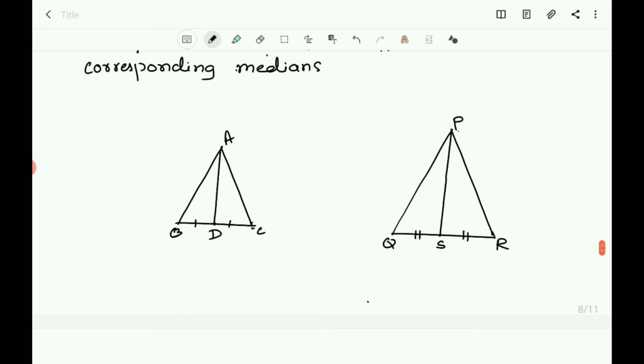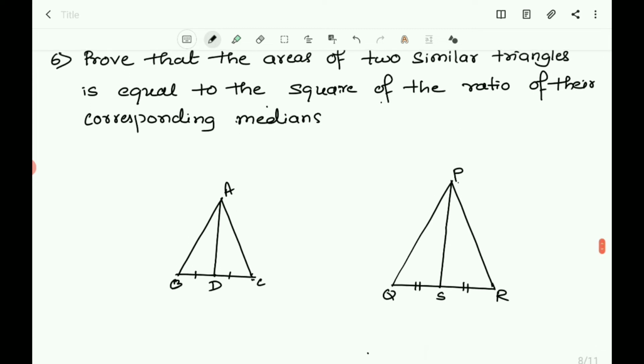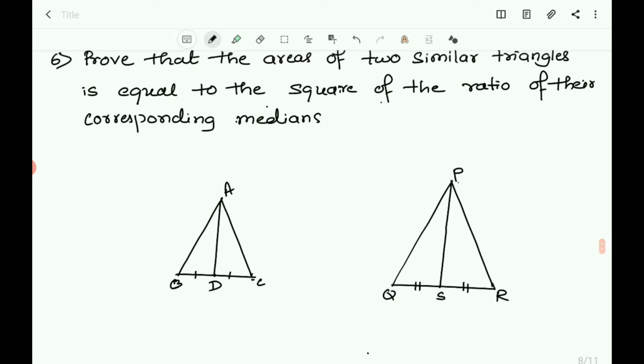D is the midpoint of BC and S is the midpoint of QR. Now it is given that triangle ABC is similar to triangle PQR, so their sides are in the same proportion: AB by PQ is equal to BC by QR is equal to AC by PR.